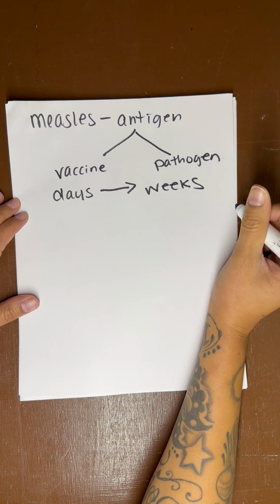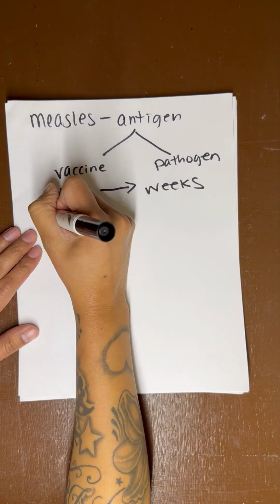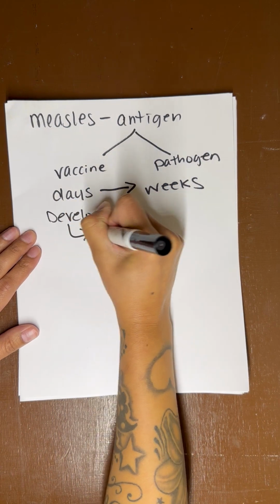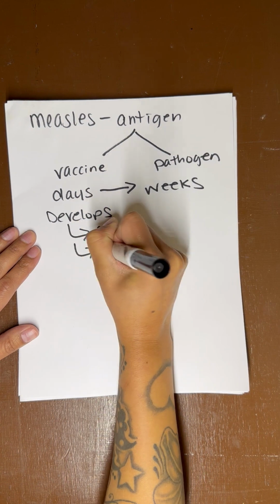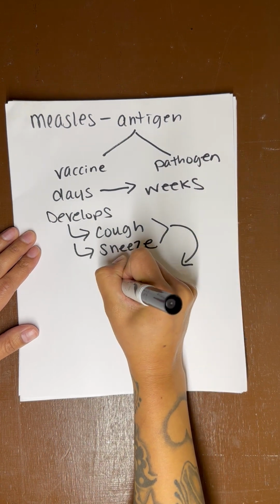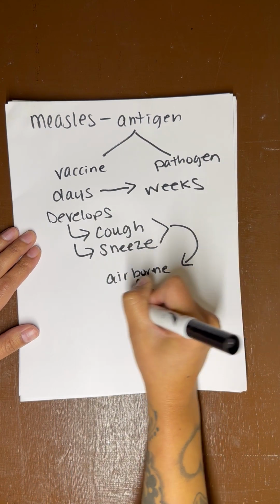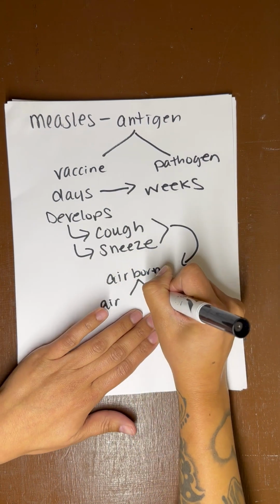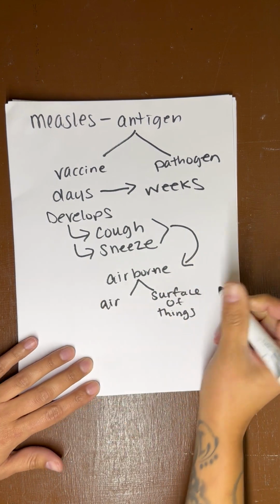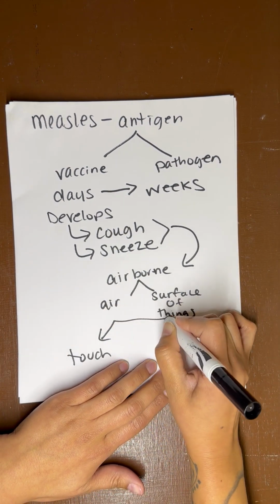With the measles, this is very contagious, in which one develops measles from a cough or sneeze, and someone releases the airborne pathogen into the air or onto surfaces of things that someone can either touch or inhale.